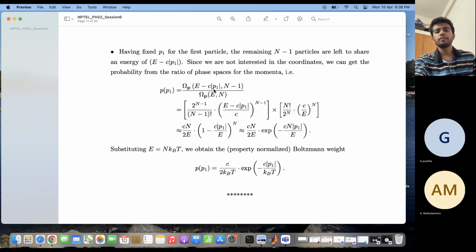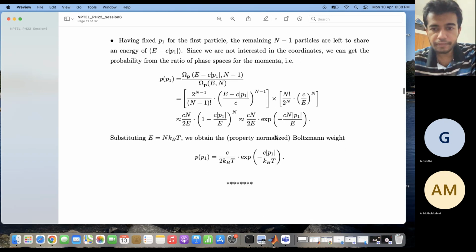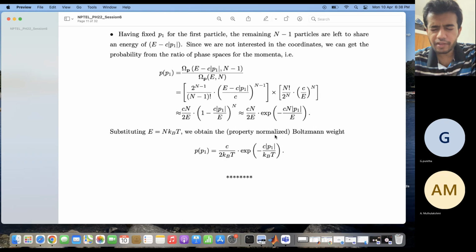So if I evaluate omega p for this and omega p for this, and if I simplify further in the large n limit, then I obtain that the probability of a particle containing a momentum p1 is equal to cn by 2E, e to the power minus cn p1 by E. Okay, so as you can see, it follows a sort of Boltzmann distribution as a function of temperature.